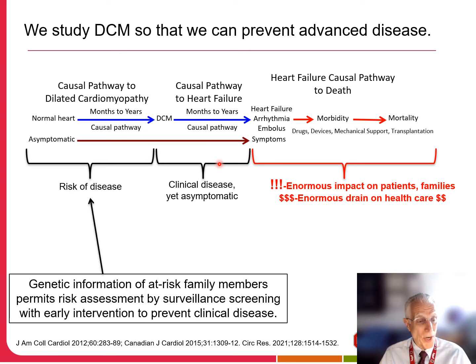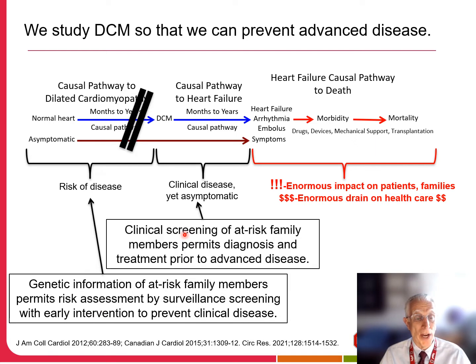Of course, risk of disease is about genetics, and genetic information of at-risk family members permits risk assessment by surveillance screening. That would be doing an echocardiogram, an imaging of the heart to get some evidence of dilated cardiomyopathy to try to prevent it. And of course, clinical screening of at-risk family members can permit diagnosis of dilated cardiomyopathy before it actually presents here with heart failure.